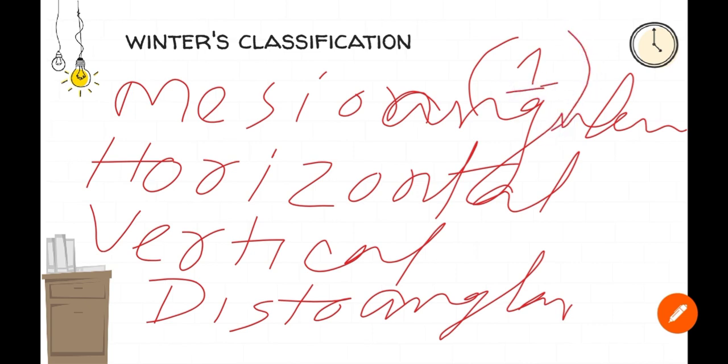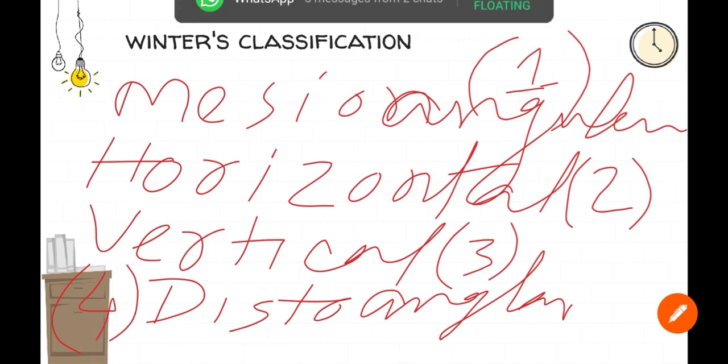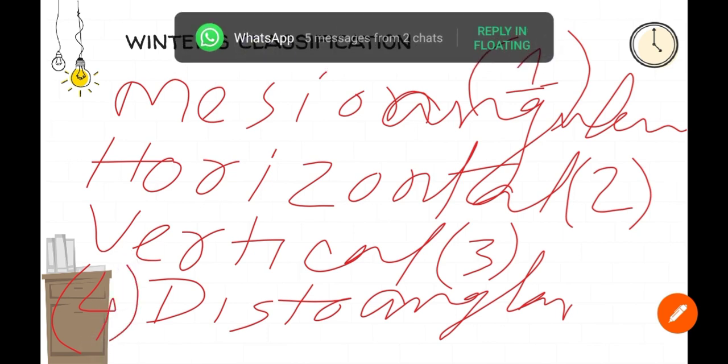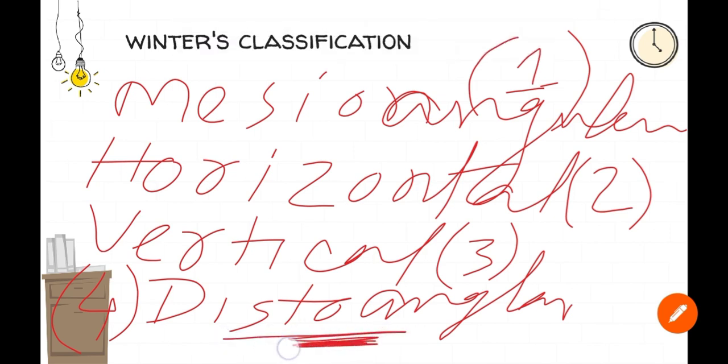We'll give it value 1. Second most easy, giving value 2 to the horizontal, then vertical 3, and lastly the most difficult impaction, distoangular, with a value of 4. So distoangular is the most difficult impaction, and the easiest is mesioangular.